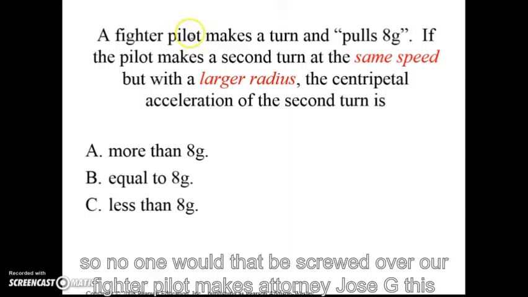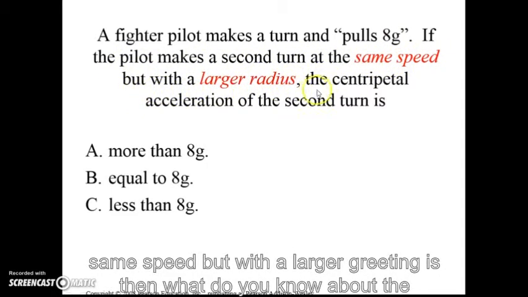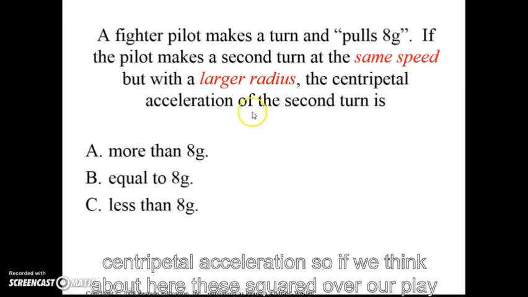So, knowing we've got v squared over r, a fighter pilot makes a turn and pulls 8g. This just means that it's 8 times gravity, so it's 8 times stronger than gravity. If a pilot makes a second turn at the same speed but with a larger radius, what do you know about the centripetal acceleration?